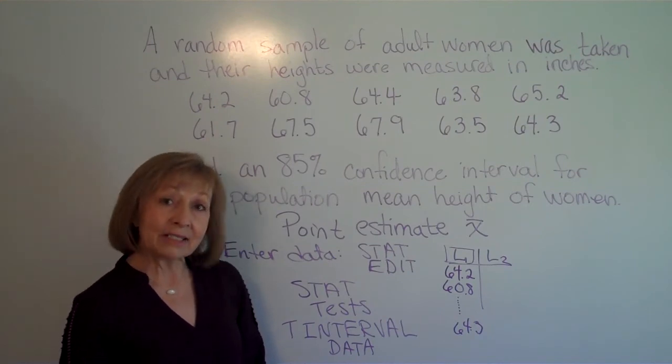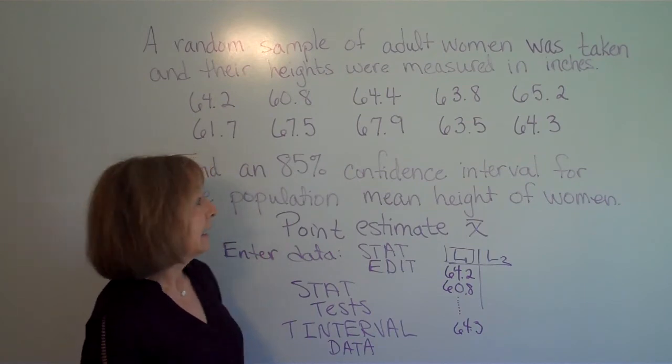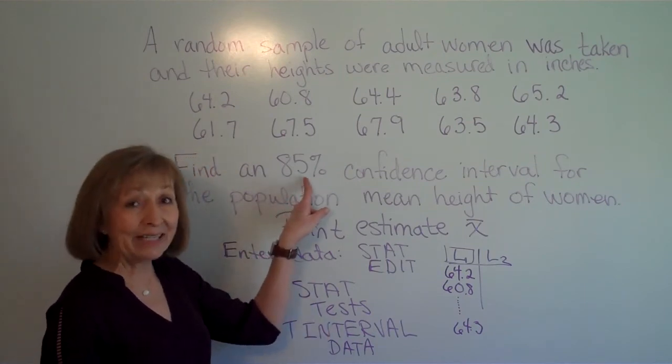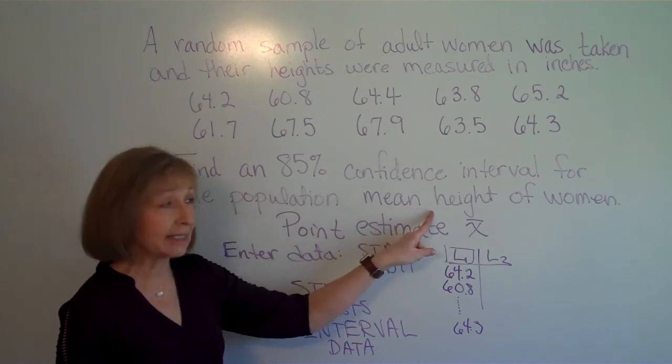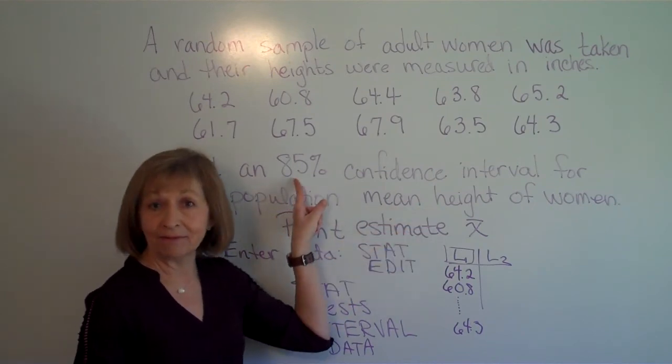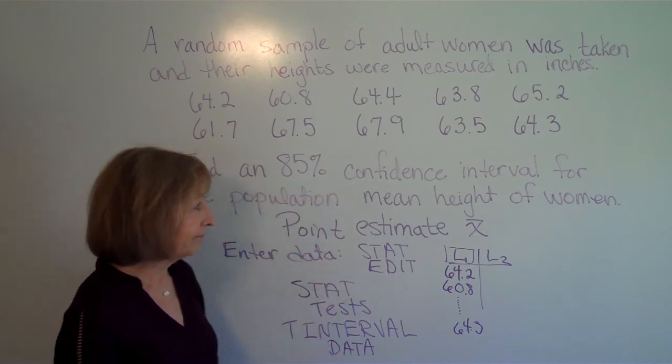Okay, the next thing it's going to ask you is for the C level, the confidence level. And here we want to find an 85% confidence interval for the population mean height. So you're going to put 0.85 there for the confidence level. And then just calculate.